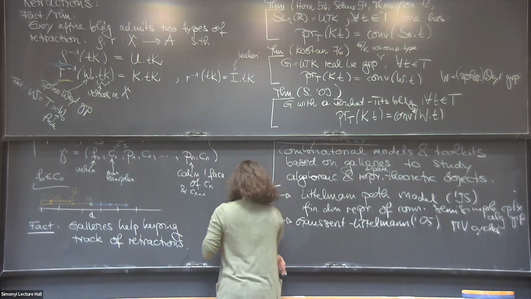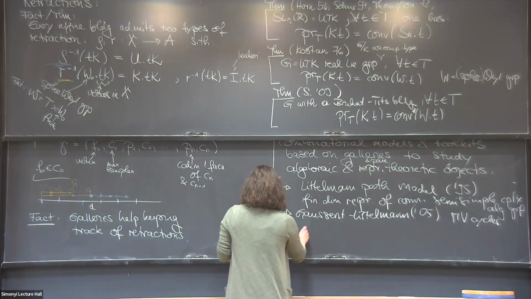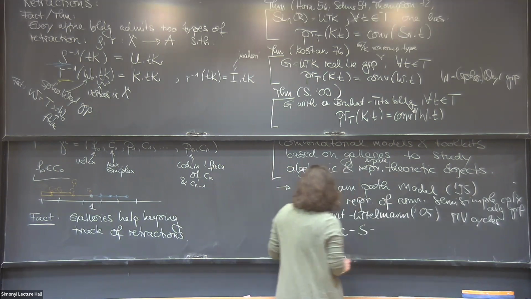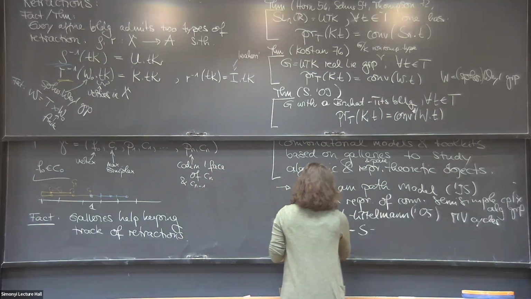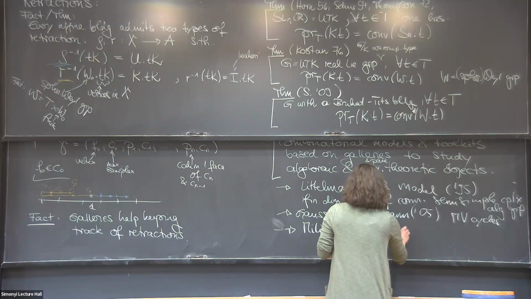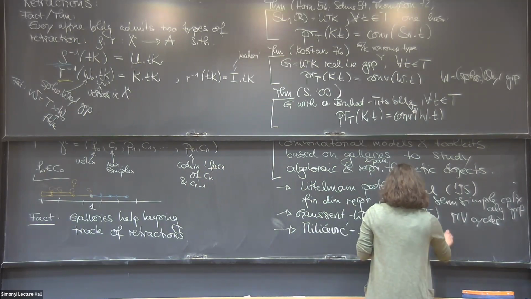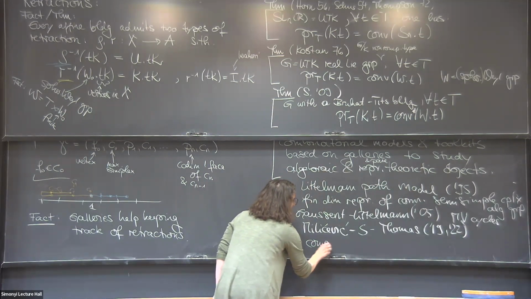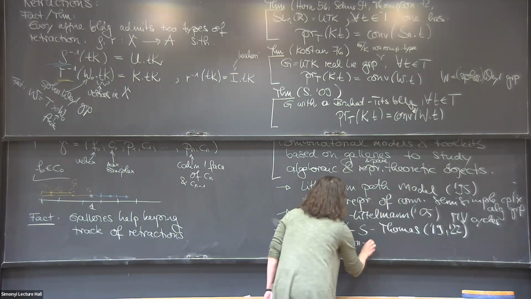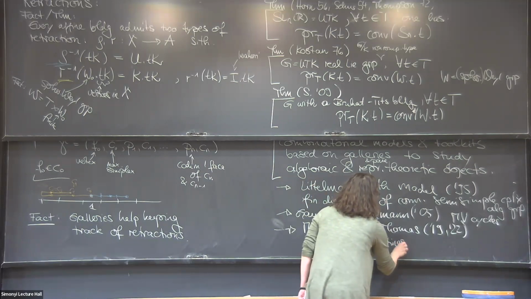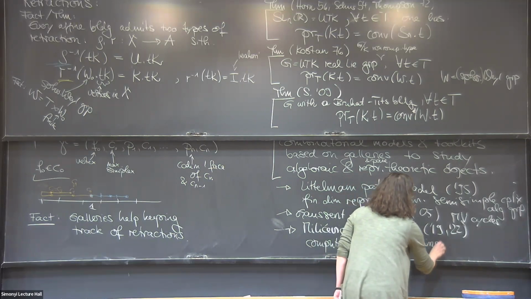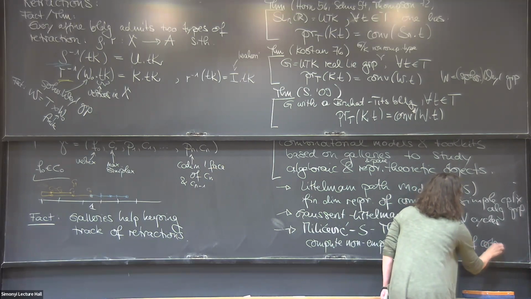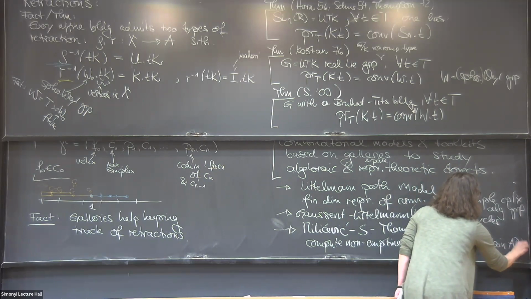And then, skipping a lot, there's work by Elizabeth Milicevic, who's actually supposed to be here, but is sick today, unfortunately. Myself and Anne Thomas from 2019 and 22, where we computed non-emptiness and dimensions of certain affine Deligne-Lusztig varieties.